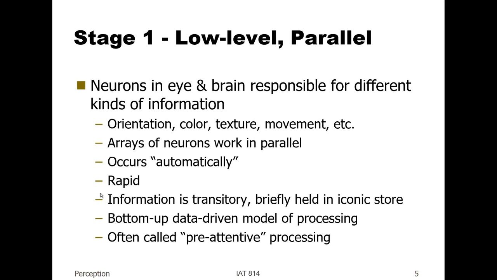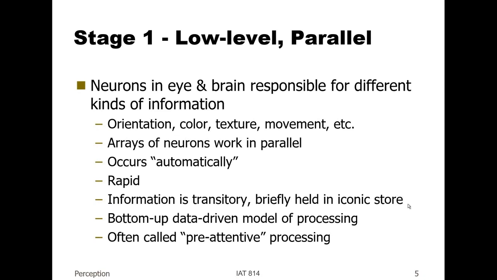The drawback, from the point of view of using the visual perception system as if it were a machine, is that the information that is processed in parallel and processed rapidly is transitory. It's briefly held in this thing called the iconic store.